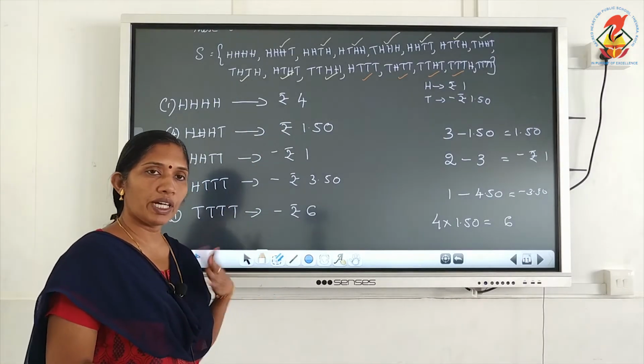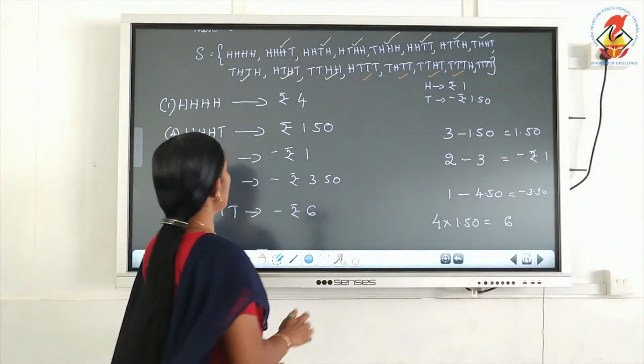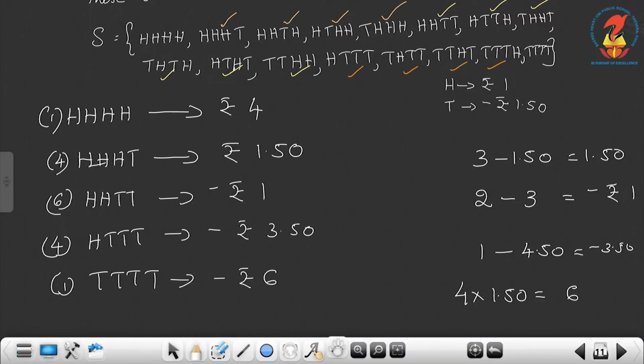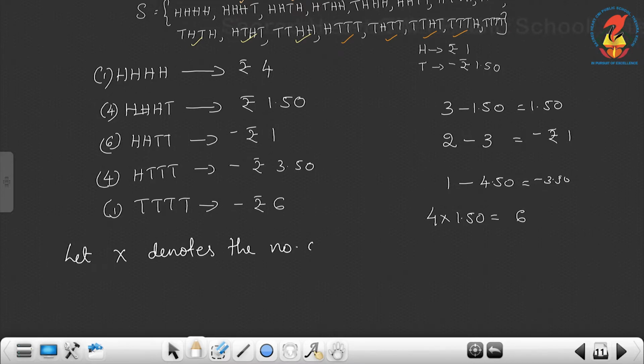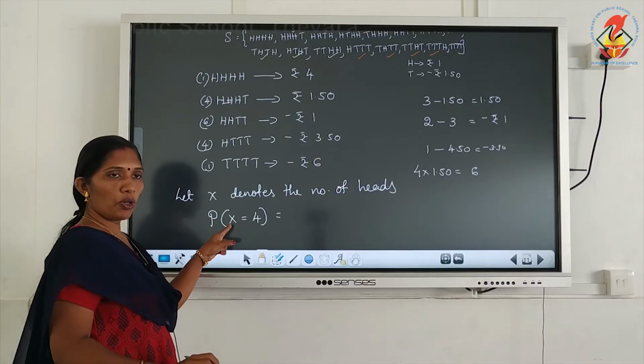So these are the possible amounts. Now we have to find the corresponding probability. So here I am writing, let X denote the number of heads. Okay. So probability of X equal to 4, that means number of heads 4.